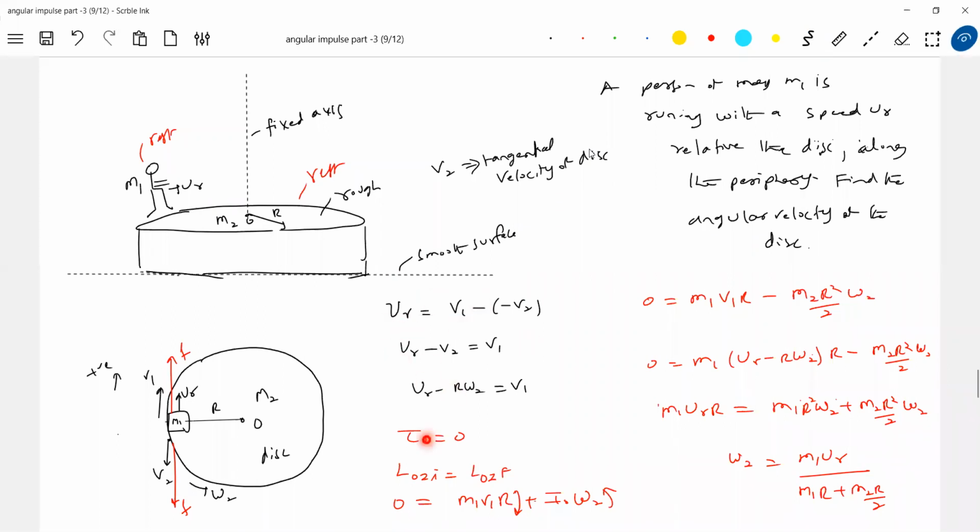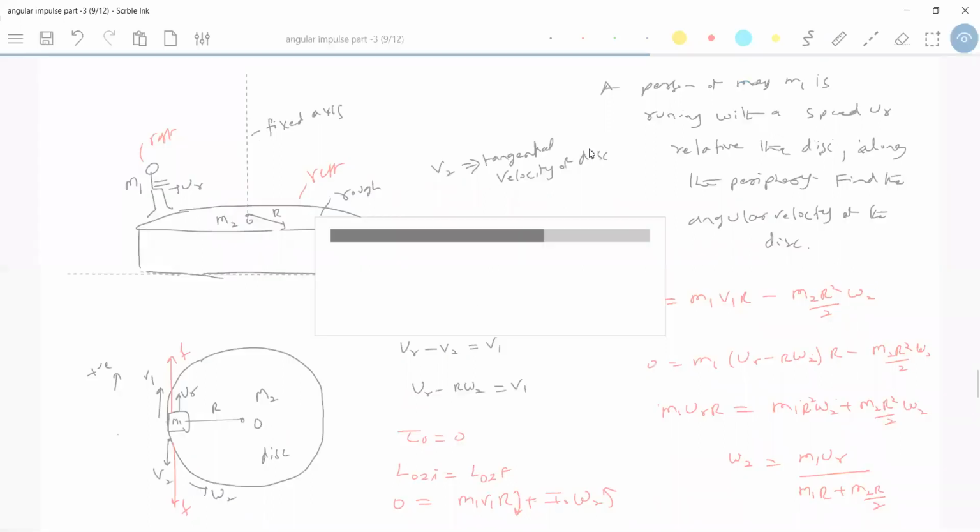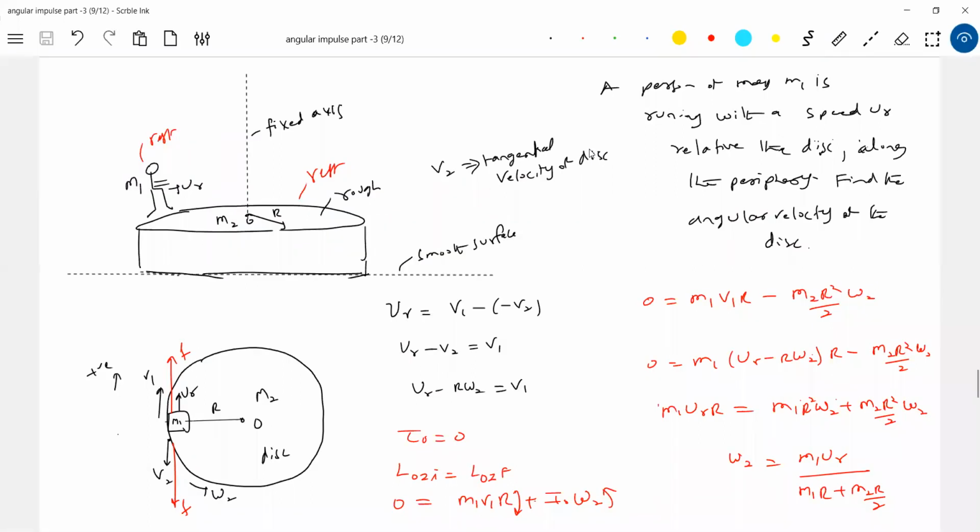From here is what I should enter, so for that I need the tangential velocity. Tangential is what? R omega 2. I think the problems are very simple, but a lot of thinking is needed. You should understand the diagram very clearly. I think we can manage the situation.